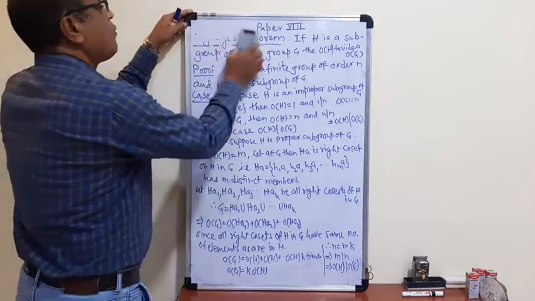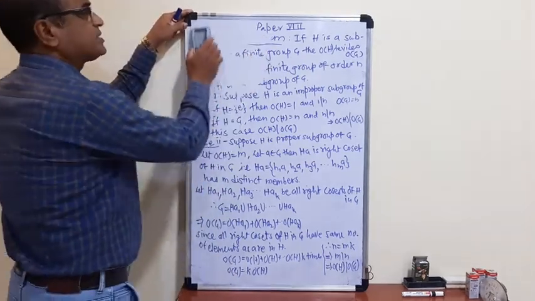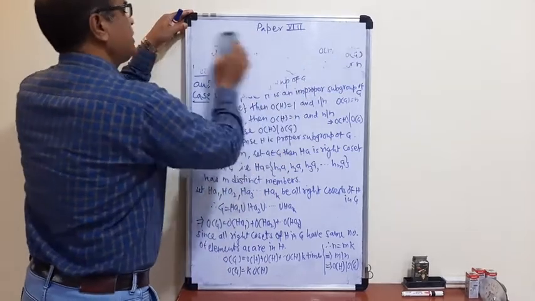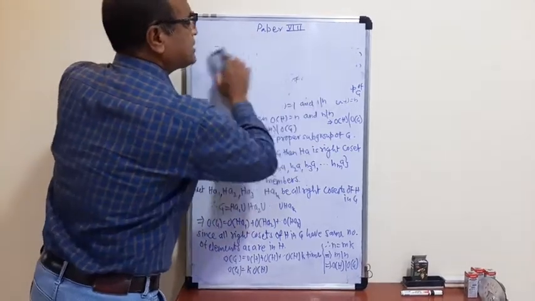Now, what is the index of a subgroup? What is the definition of the index of a subgroup?